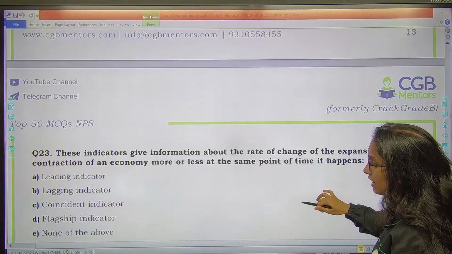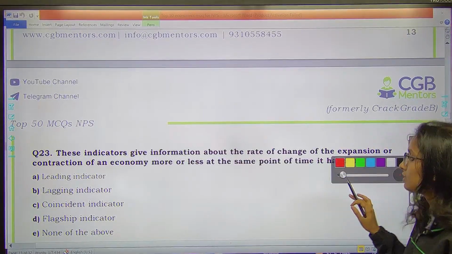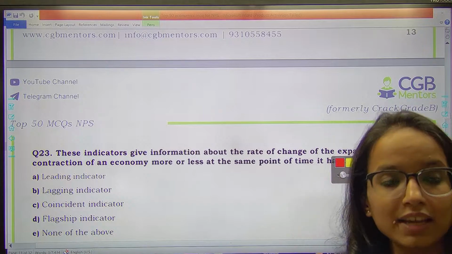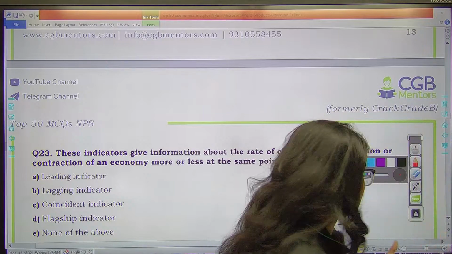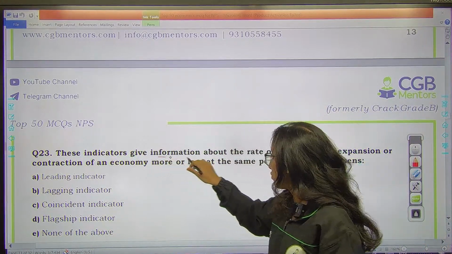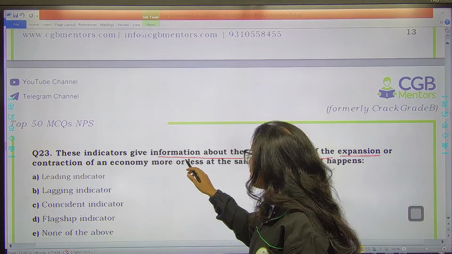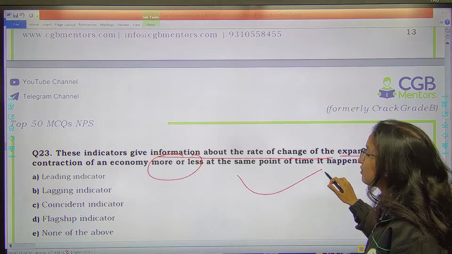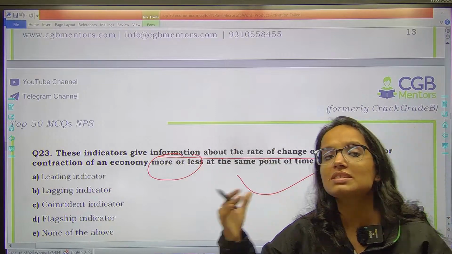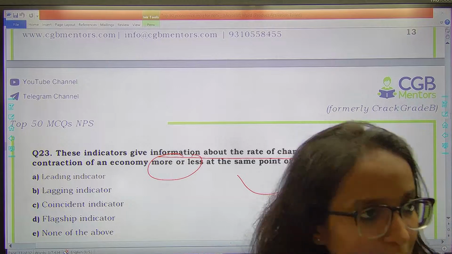Next question regarding business cycle. So this is coming from business cycle. In business cycle, I have discussed with you 3 broad indicators, right? So these indicators give information about the rate of change of expansion or contraction of an economy more or less at the same point of time when there is a change in the business cycle happens. Say recession is happening, expansion is happening.